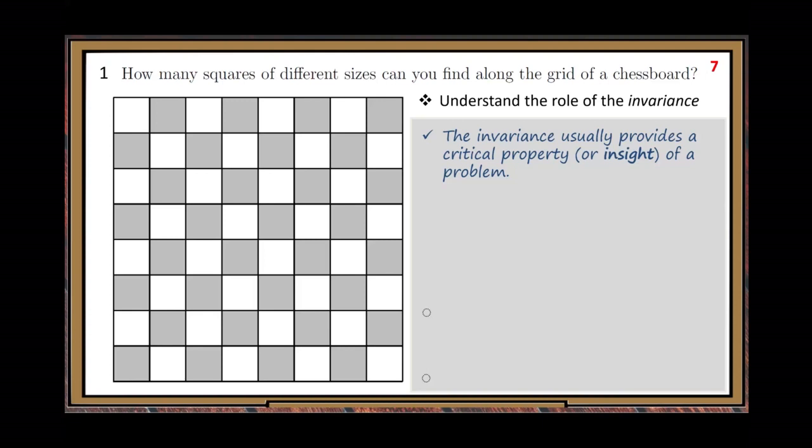So we know that in solving any computing problem, the insight is very important. If you find some critical property of the problem, then you can get an appropriate method to solve it.